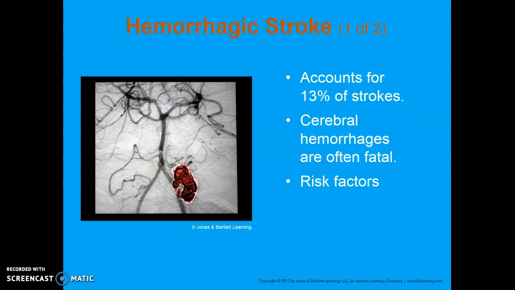Hemorrhagic strokes only account for approximately 13%, and this results from bleeding within the brain. Your blood ends up forming a clot when it bleeds into the brain tissue, and that ends up impeding the brain tissue around it. And the compression ends up affecting those cells by not allowing them to get the oxygen that they need.